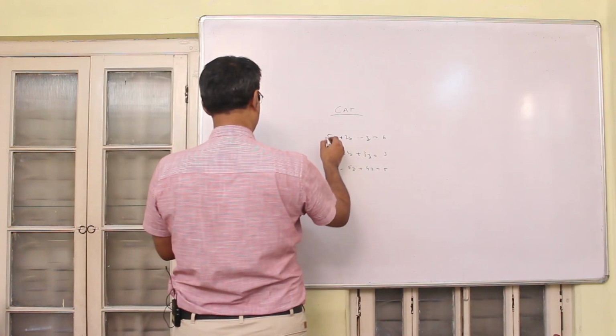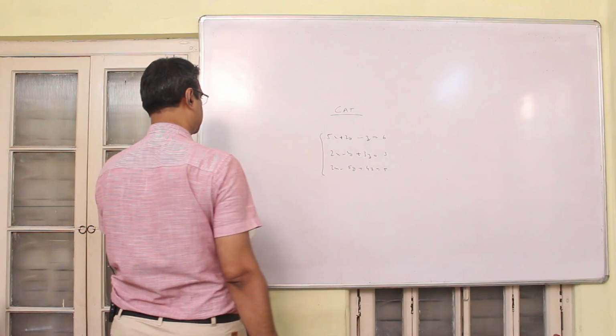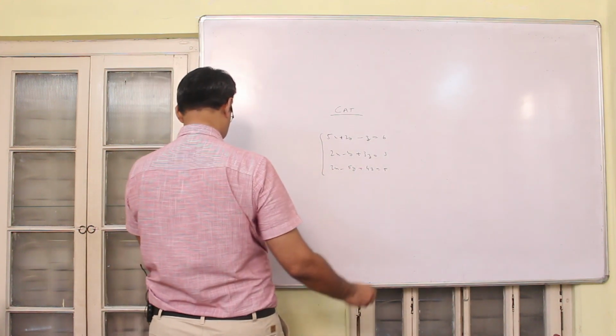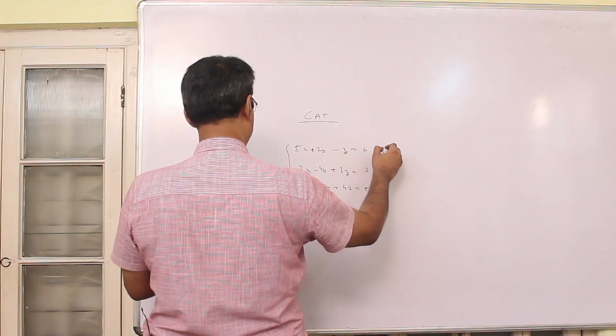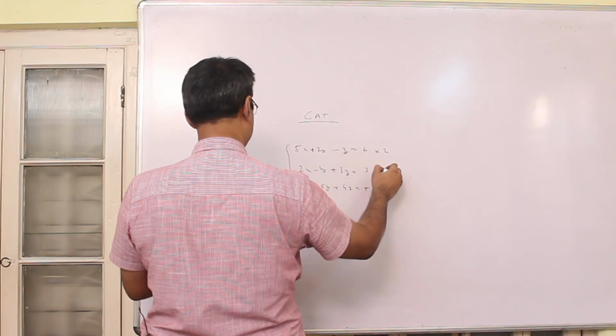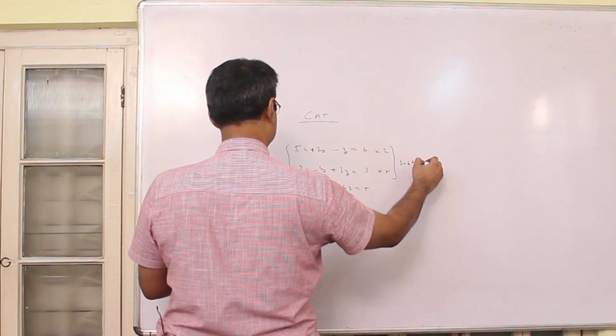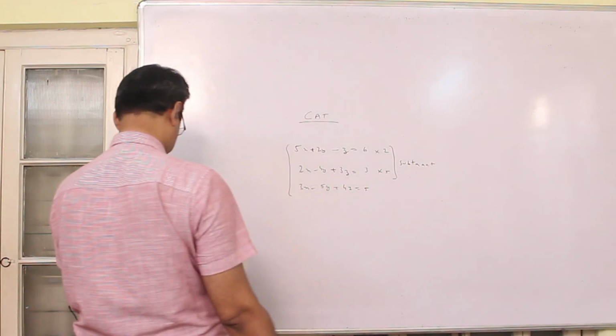Now, in case of these three equations, if you try to solve them, then what you can do is you can multiply the first equation with 2, second equation with 5, and then subtract both of them.